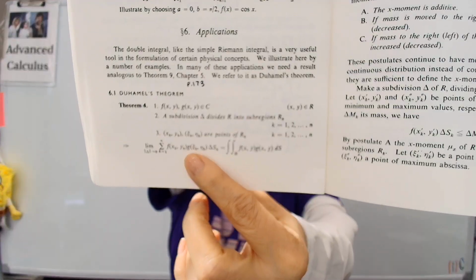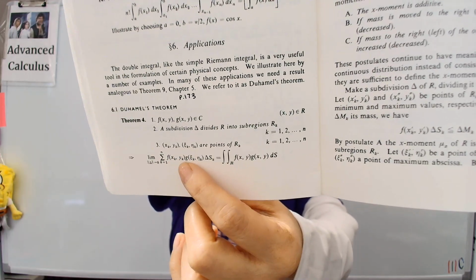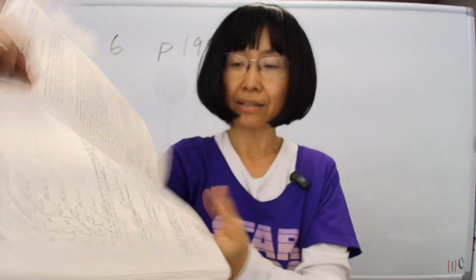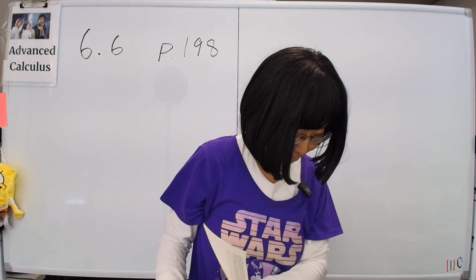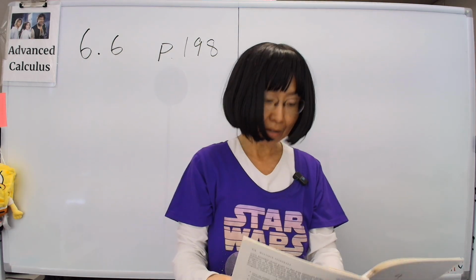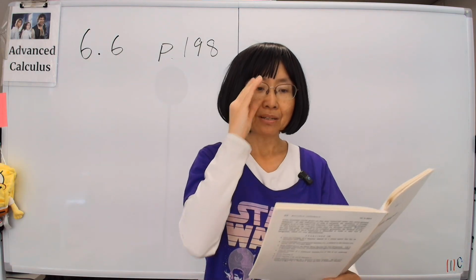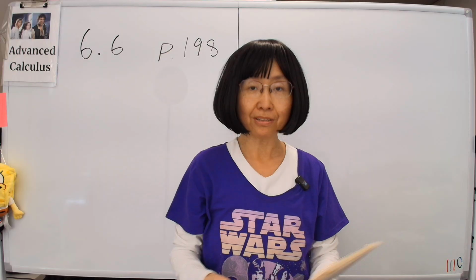The f has x k, y k, and g has eta, xi. So that's Duhamel's theorem. The proof is omitted by the book, so we'll also ignore it.